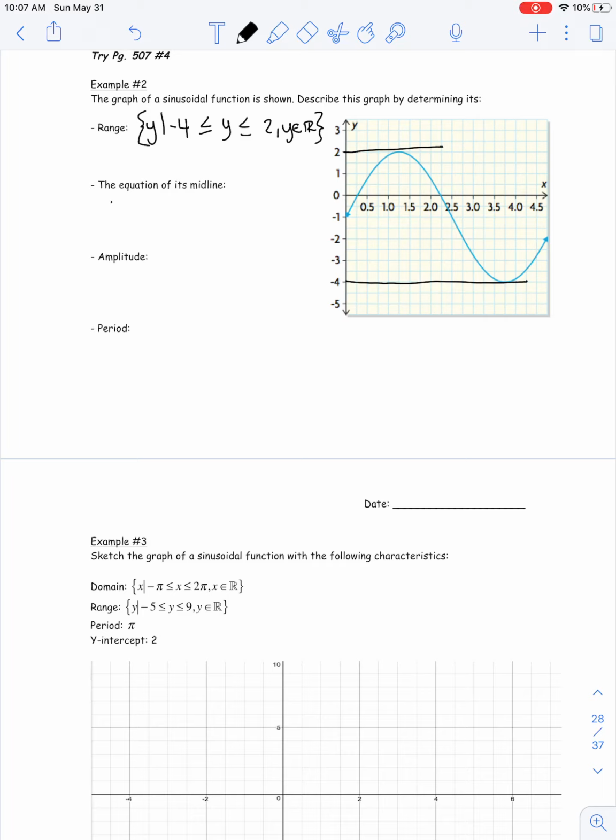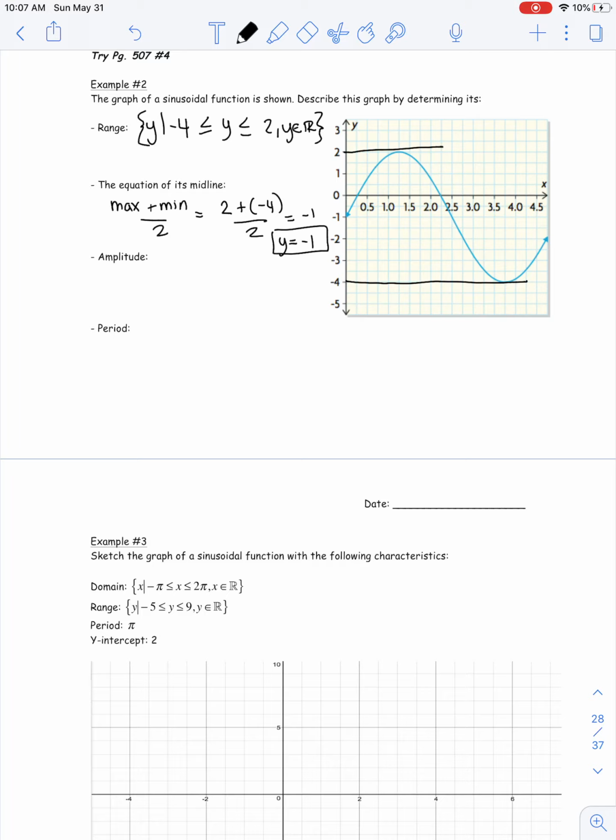Sometimes you'll be able to see it, but if not, remember you can use the max plus min divided by 2. So that'll be 2 plus -4, divide that answer by 2. And the midline is actually equal to -1, but we need to write it as an equation. So we have to write y equals -1.